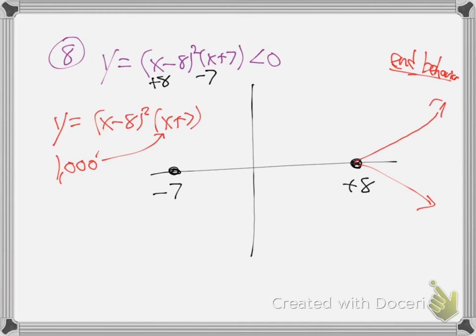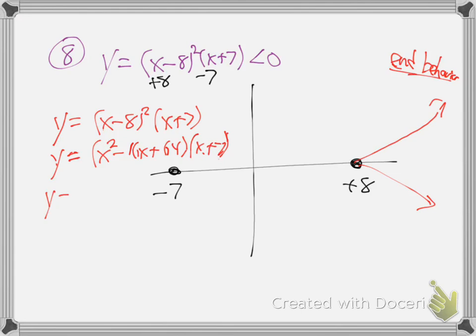But another way is basically, if you were to FOIL this out, I don't want to do all the work, but I would get x squared minus 16x plus 64 here, and then I'd have to multiply by the x plus 7.